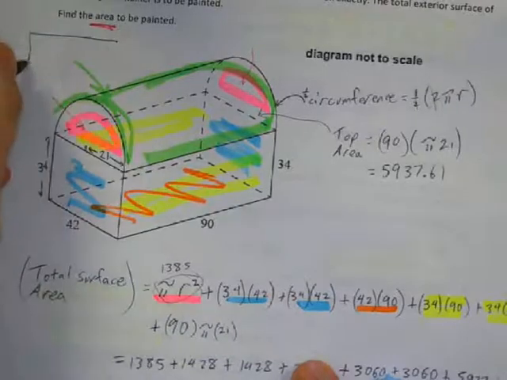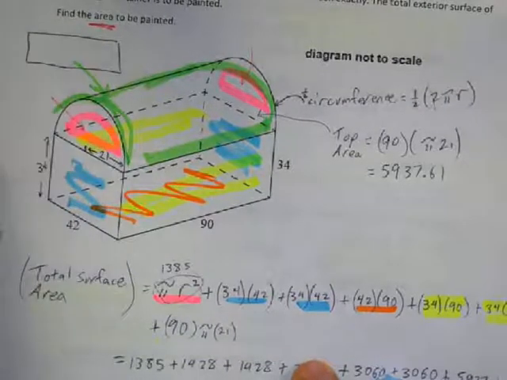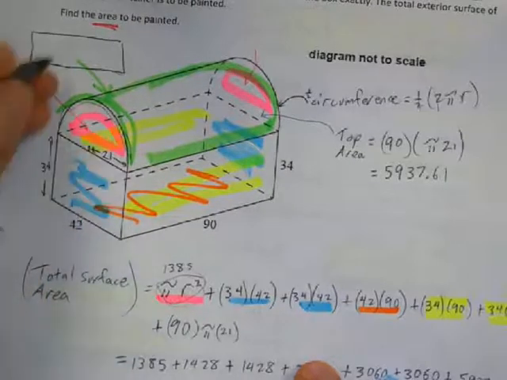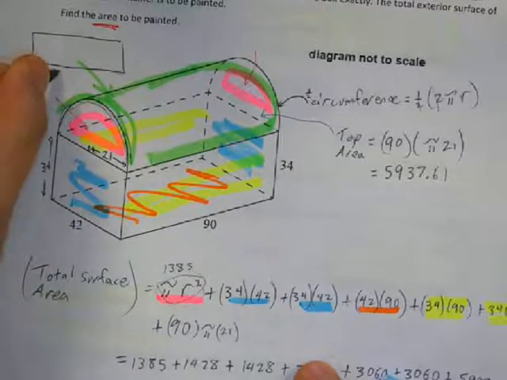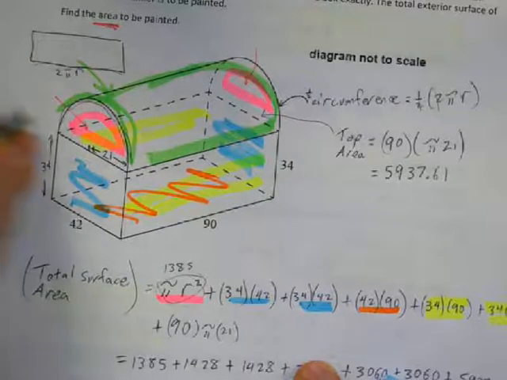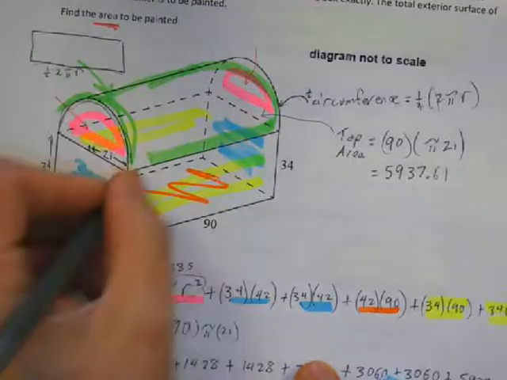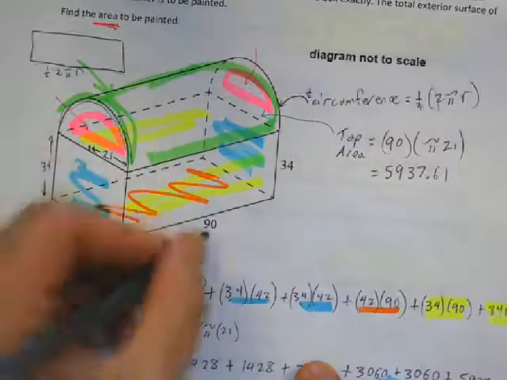So this part that curves over the top can be unraveled into a rectangle, and the length of this rectangle is the length around the circle, which is the circumference, which is 2 pi r. But notice it's only half of a circle length, so it's going to be 1/2. And the width of this thing here is going to be 90.